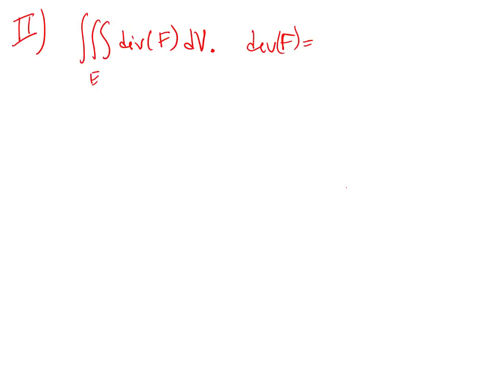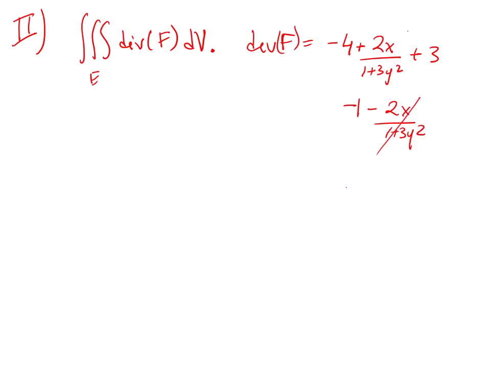Okay, so the divergence of F is the partial with respect to x of the first component, that's minus 4 plus 2x over 1 plus 3y squared, plus the partial with respect to y of the second component, that's 3, plus the partial with respect to z of the third component, that's minus 1 minus, again, 2x over 1 plus 3y squared.